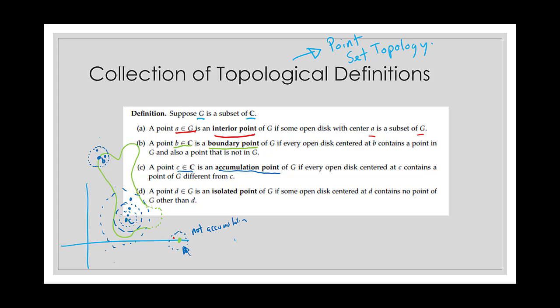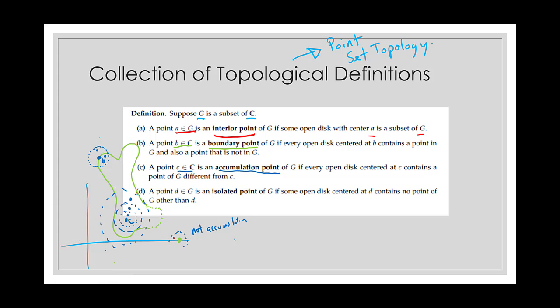And then finally D. We say D is an isolated point of G if some open disk centered at D contains no point of G other than D. So our lonely point here, lonely is actually a good descriptor of this.